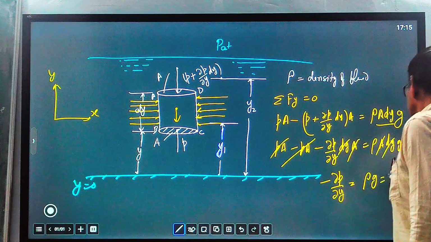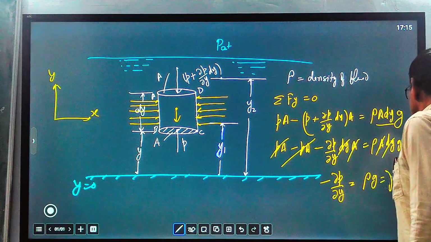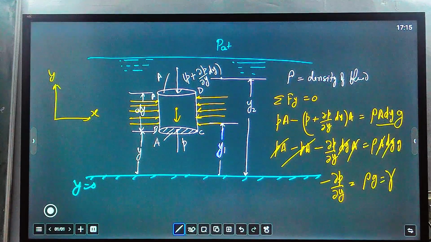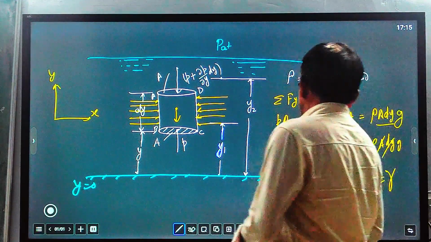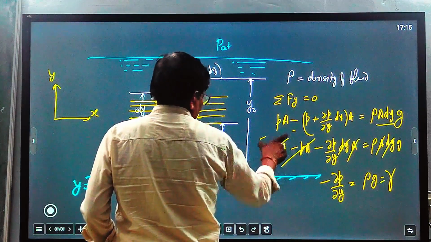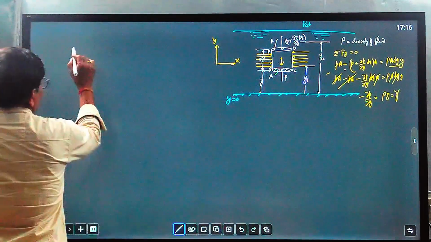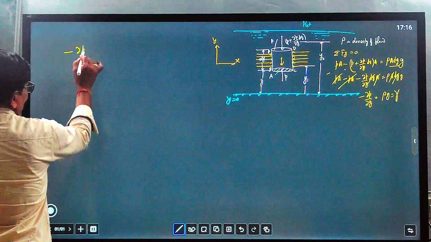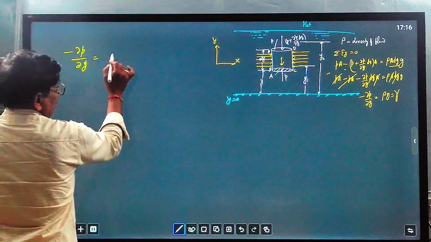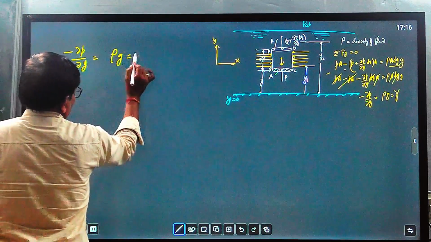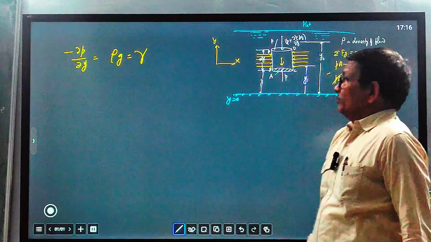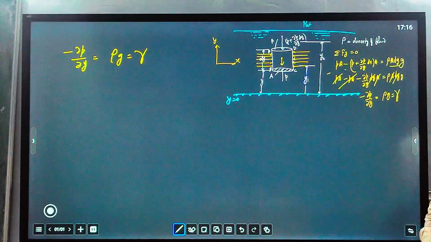You can also write this as gamma, which is the specific weight. So this is the equation we wanted to derive. This is the general equation: minus del P over del y equals rho g, where rho g equals gamma, the specific weight.